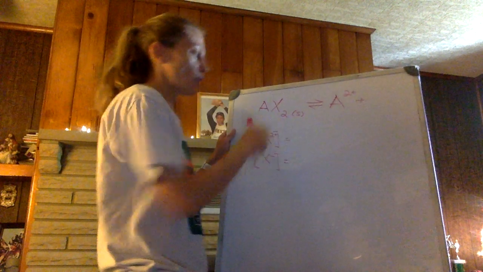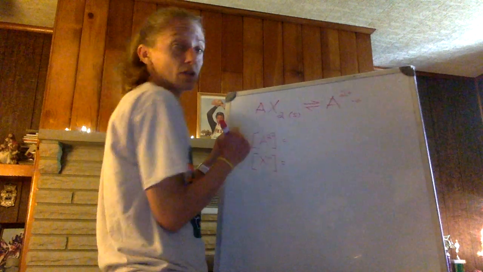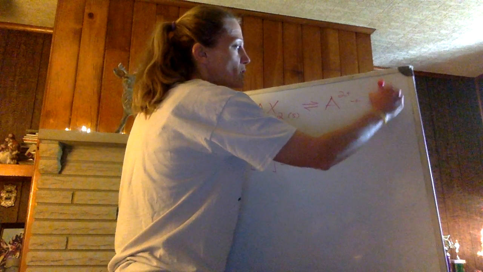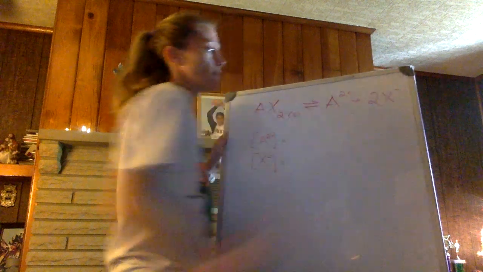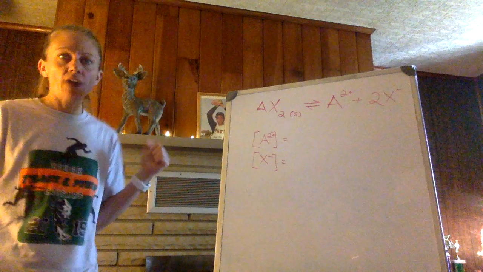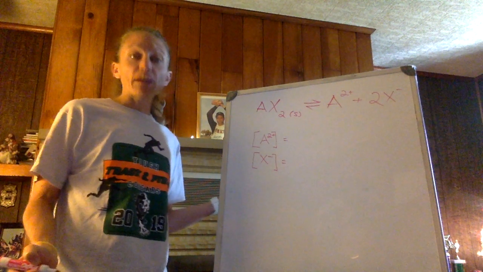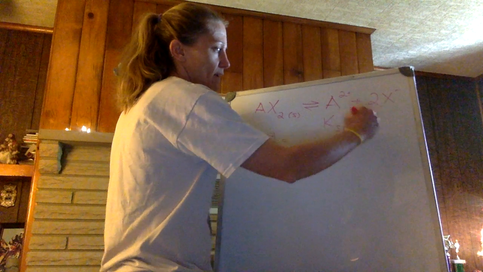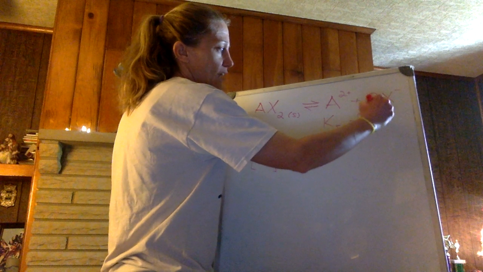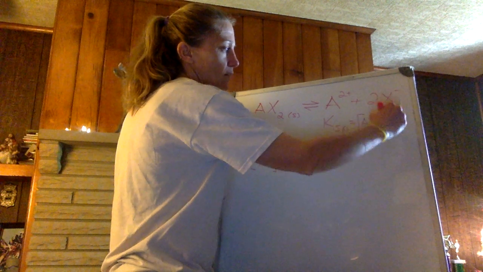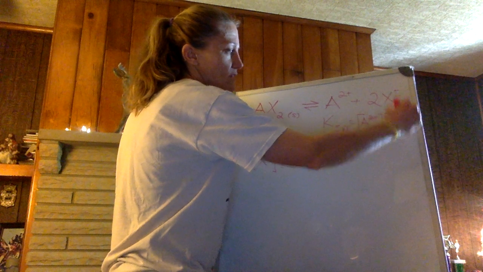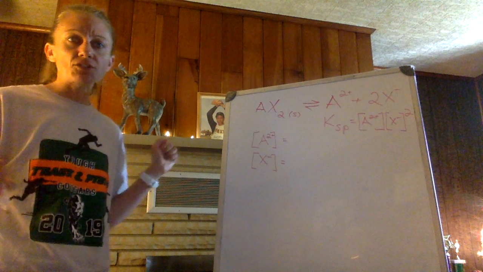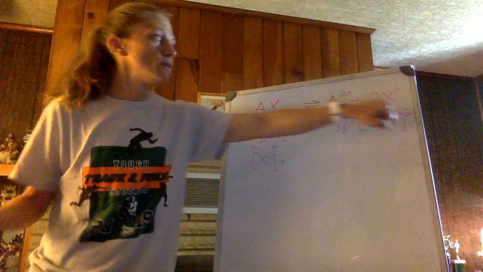When I write this equation, I have to remember that there's 2 of X, so it's going to be 2X minus. From here, I get my solubility expression, Ksp, my concentration of A2 plus, my concentration of X minus, and I have to remember to square X minus because there are 2 of them.